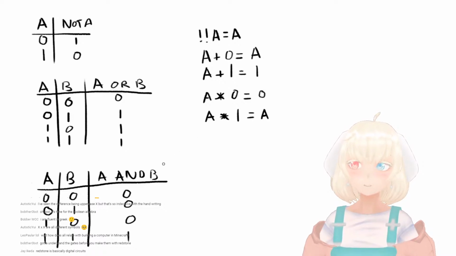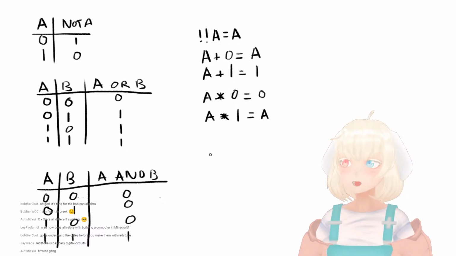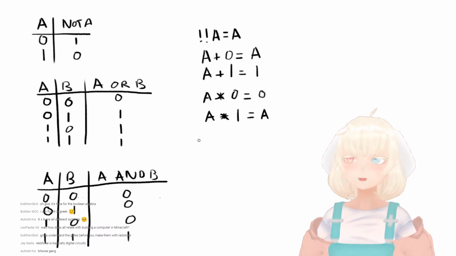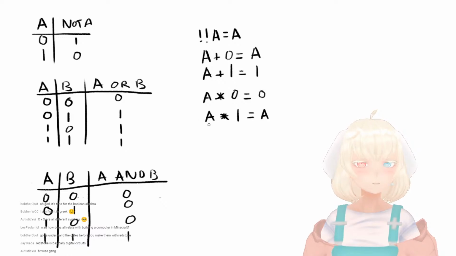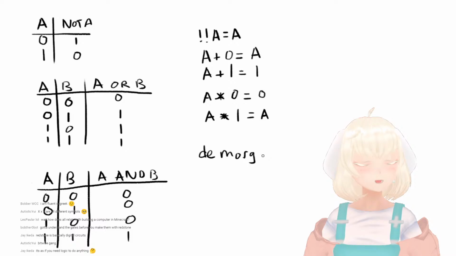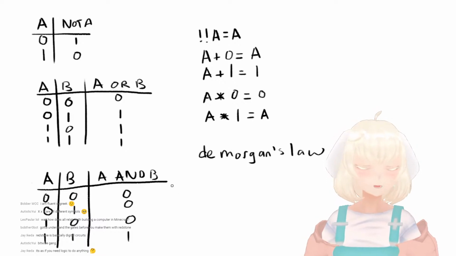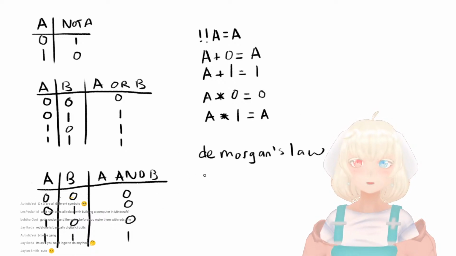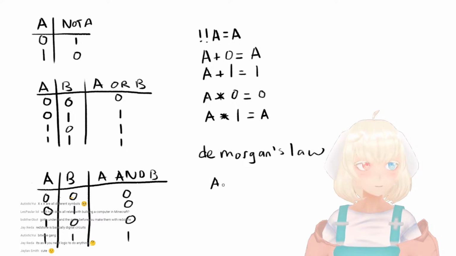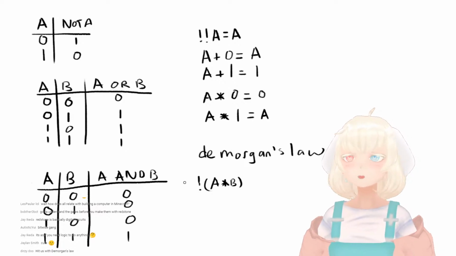A little bit of a harder thing is something called De Morgan's law, but this is really the most advanced thing that we're going to get into today. So De Morgan's law, I'll write it out for you, but you don't really need to know the name of this. De Morgan's law is saying if you have A times B and you NOT everything, right?